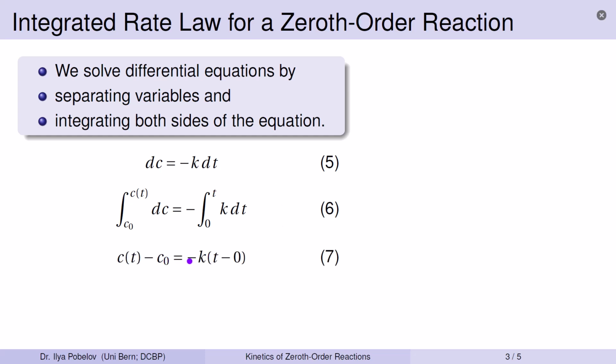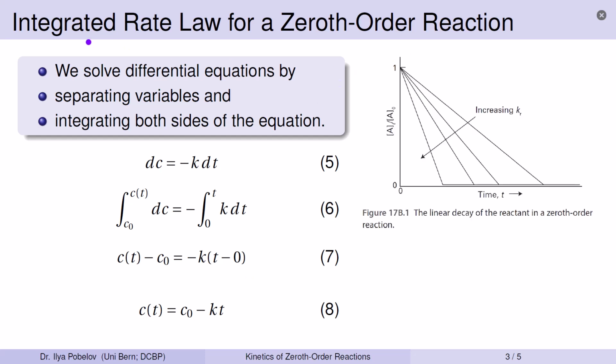After some rearrangement, we obtain the following expression for the integrated rate law for a zeroth-order reaction. C as a function of time equals its initial value minus k times t. This is a very straightforward expression describing a linear decrease in the reactant's concentration.